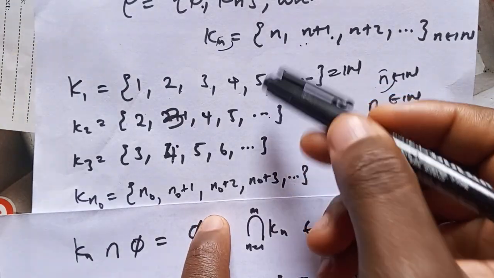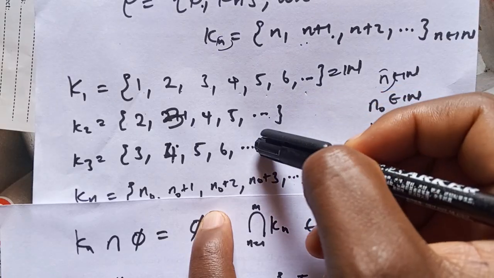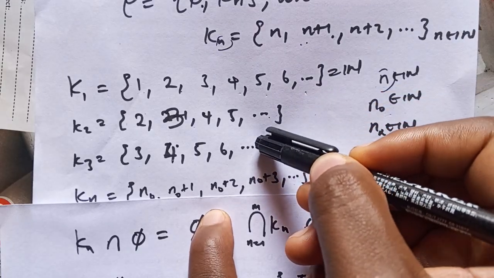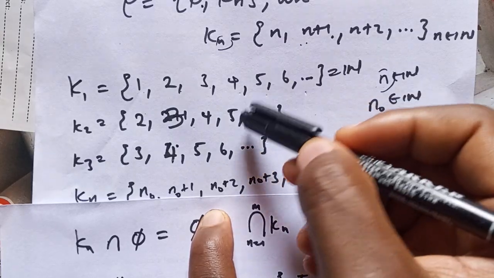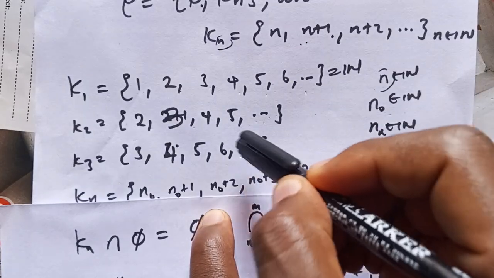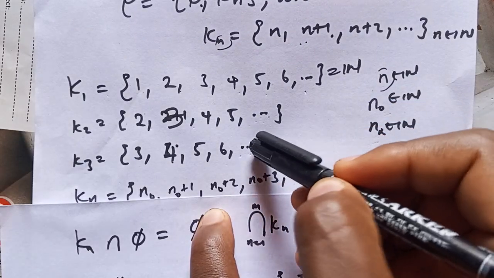Now let me give you an example of what I'm trying to say. If I have K1, K2, K3, and I do the intersection, it will be the smallest one. This intersect this will give me this, and this result intersect this will give me this.